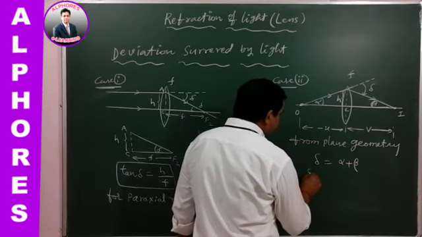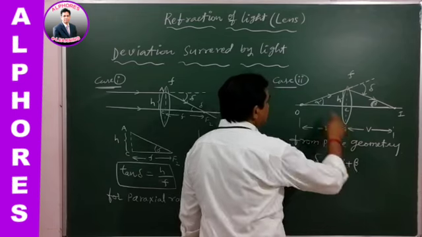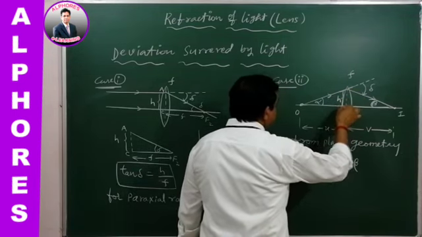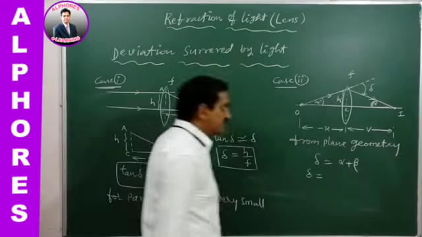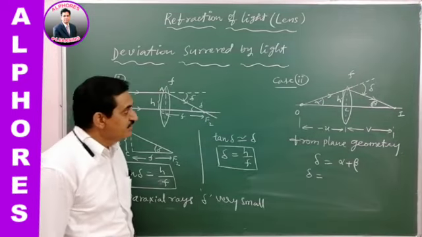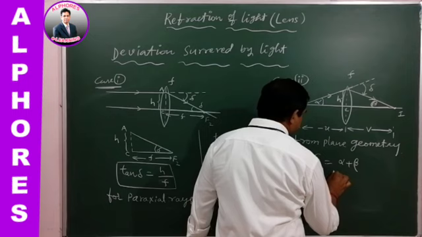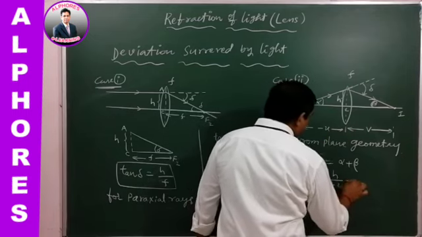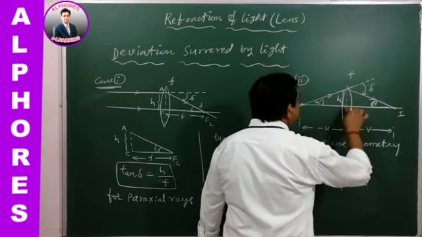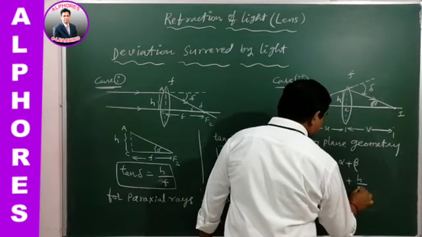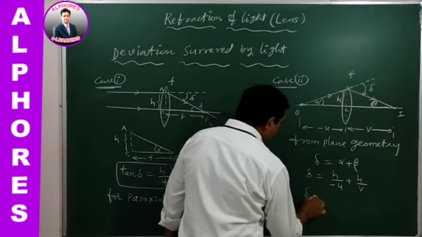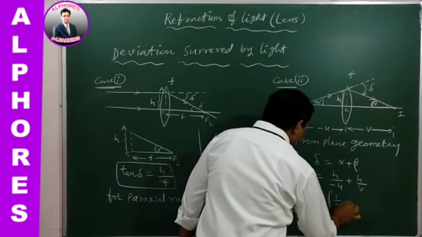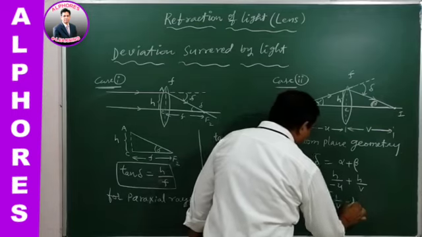Now, alpha and beta are very small values, so taking h by the adjacent side, minus u, plus h by v. Therefore delta is equal to h of, for convenience, 1 by v minus 1 by u.